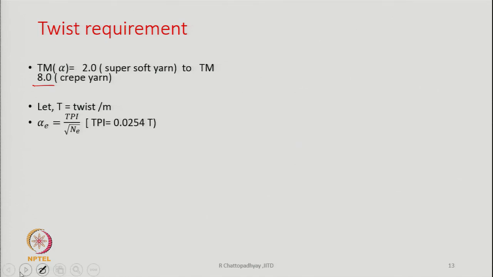If T is the twist per meter, then alpha E indicates here the twist multiplier in English system, which is TPI by root over NE.